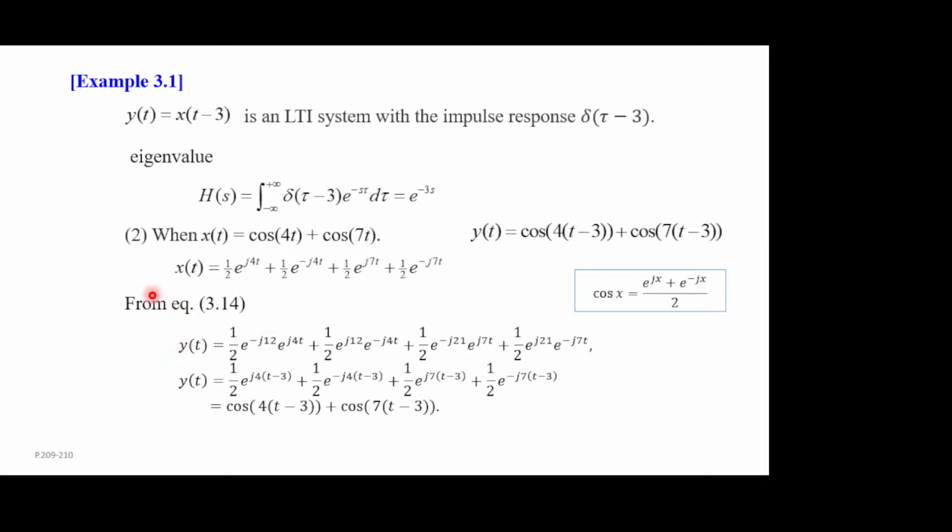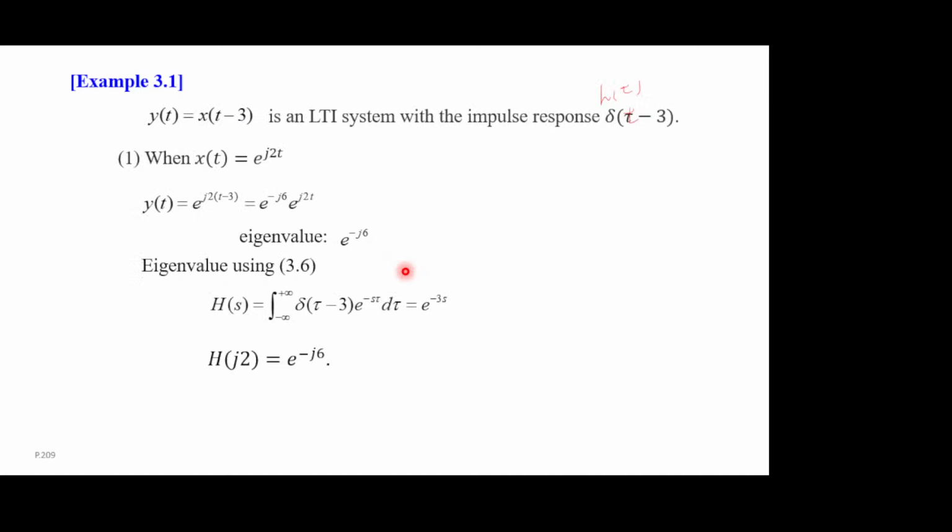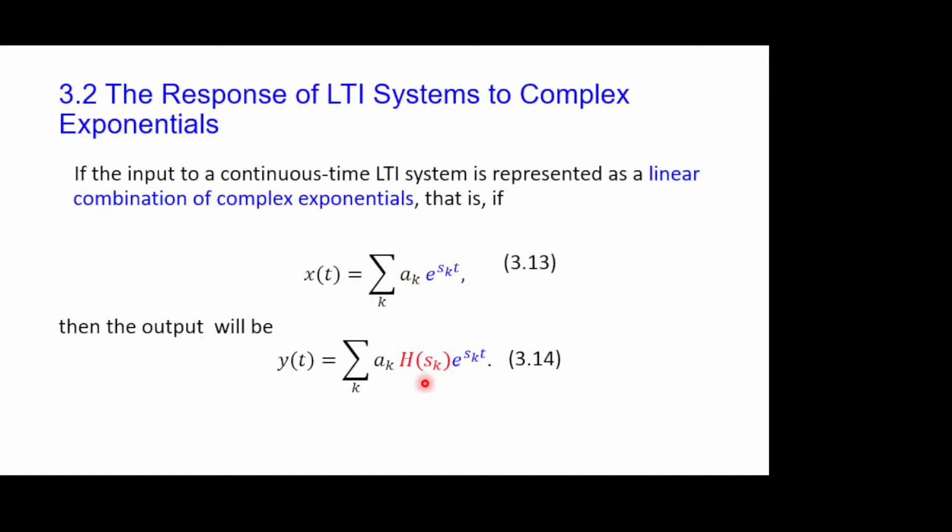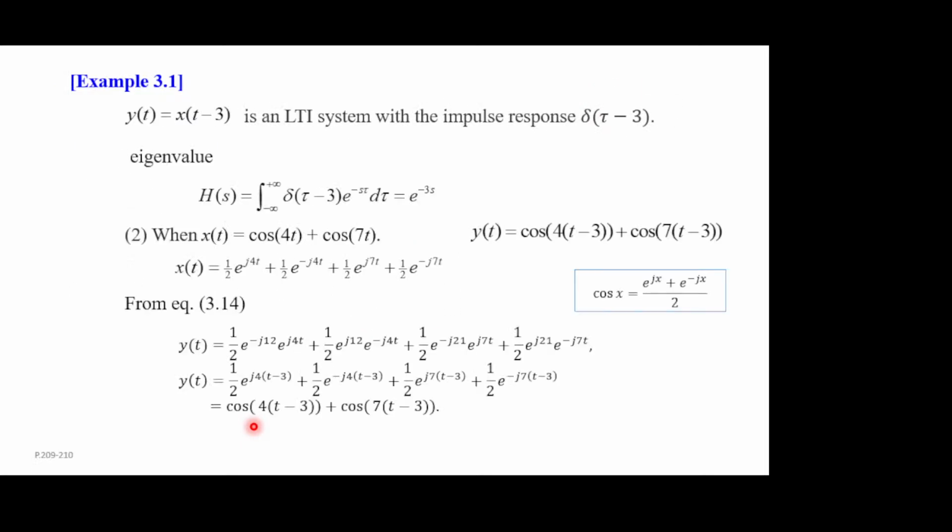Then you try to get the output by using your eigenvalue equation. So we want to do this, right? We already wrote x as a summation of complex exponentials. Then we can write the output as a summation of complex exponentials with those eigenvalues. The eigenvalue will be e to the minus 3s.